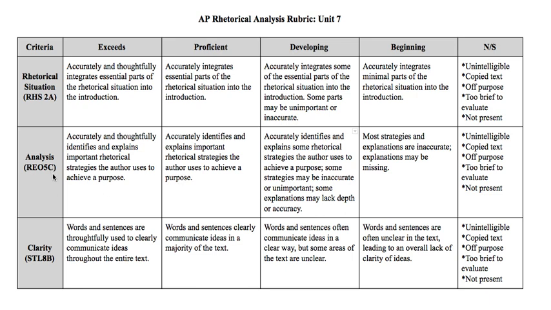Analysis, REO5C. Proficient says accurately identifies and explains important rhetorical strategies the author uses to achieve a purpose. Let's break down some of these words. We're looking for important rhetorical strategies, so you're thinking about that blue packet. Identifies means you found them, but they have to be important, not just any.